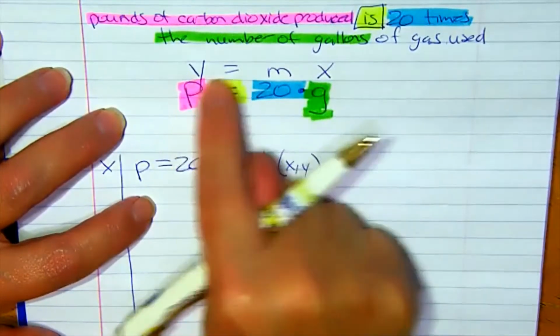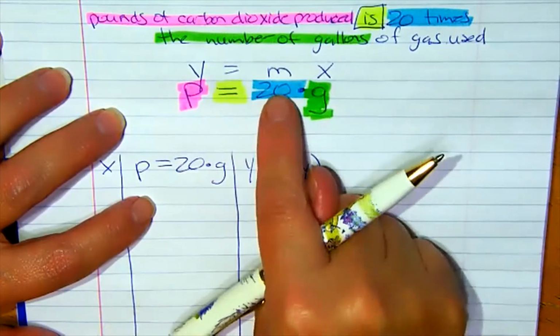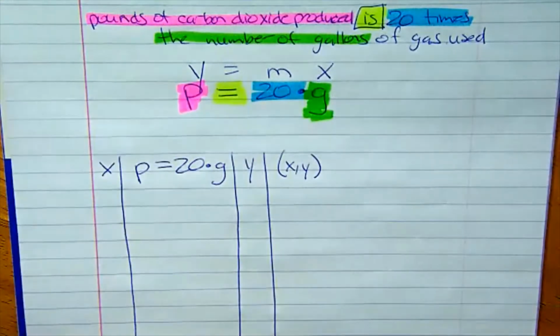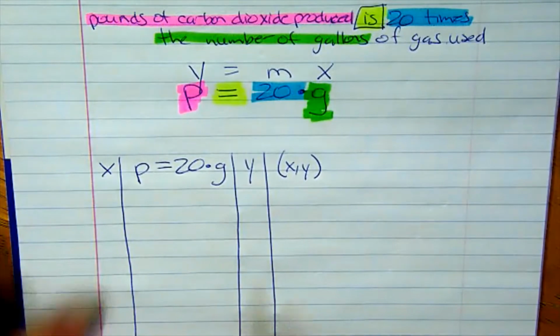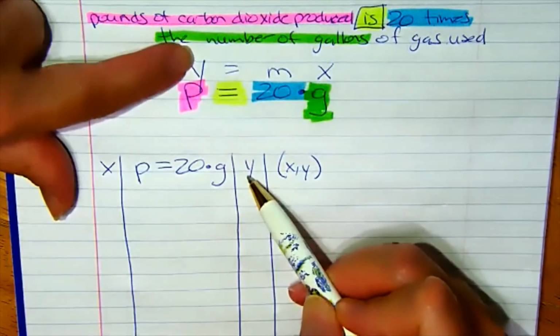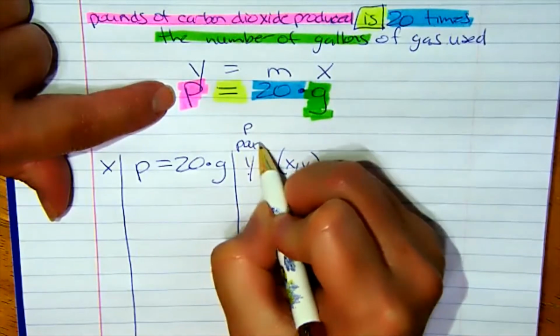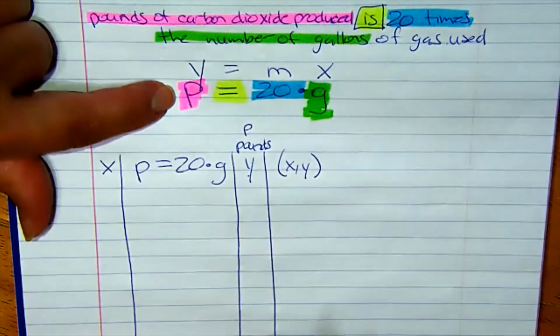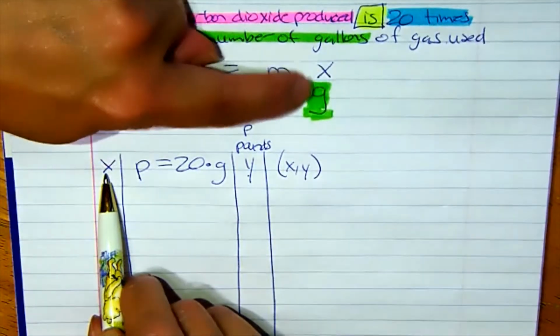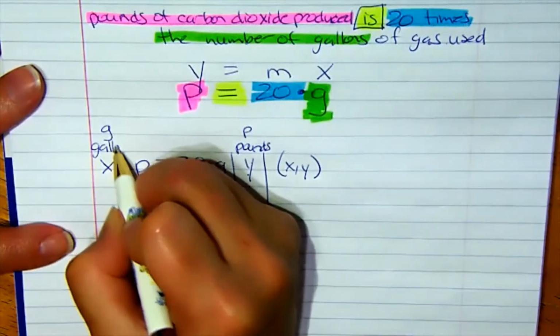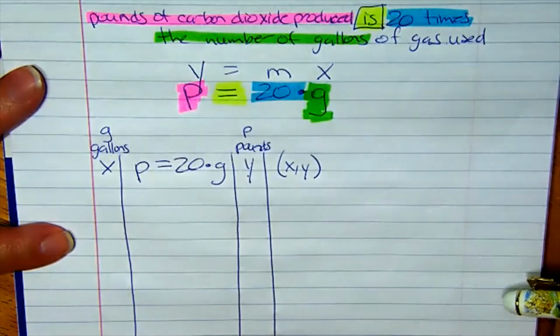This is in the same format as y equals mx. Do you guys see that connection? Now this is telling me that my y is actually P, which is pounds, and my x is G, which is gallons.